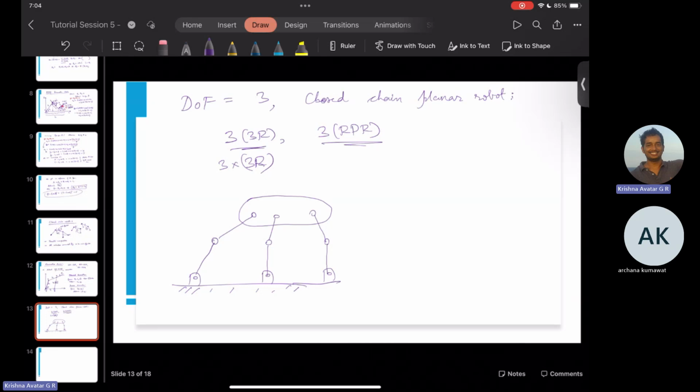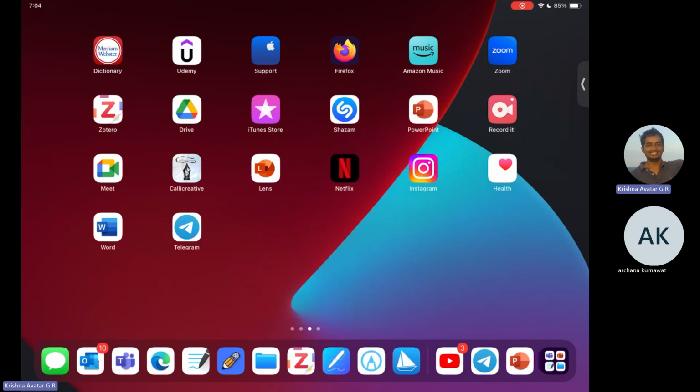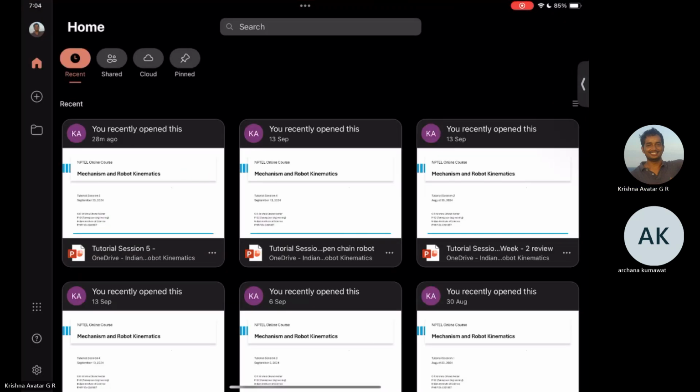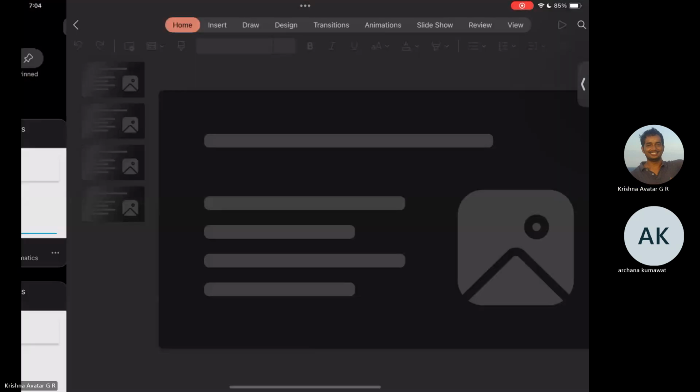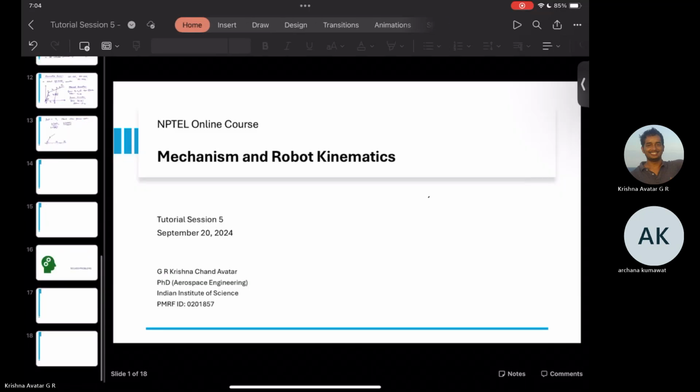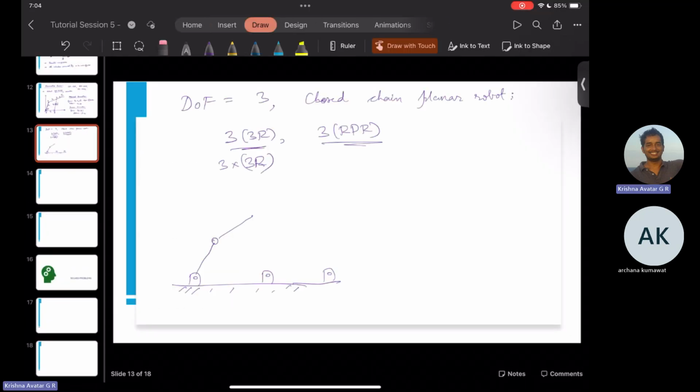So this is the one we're talking about. The kinematic chain here is, this is 1 3R, first, second, third, and this is the second 3R, and this is the third 3R, which is connected.